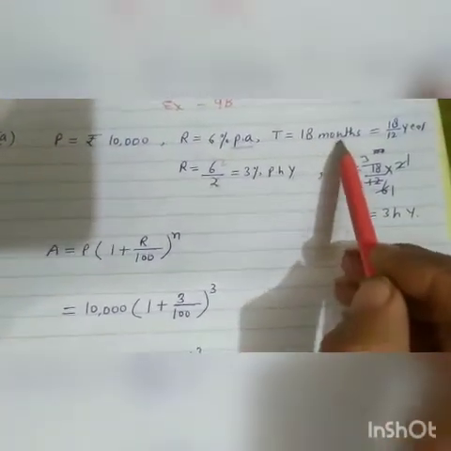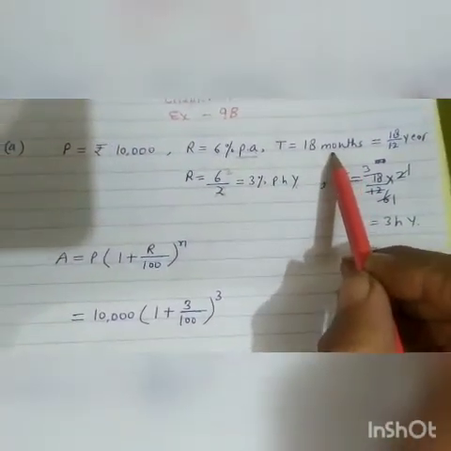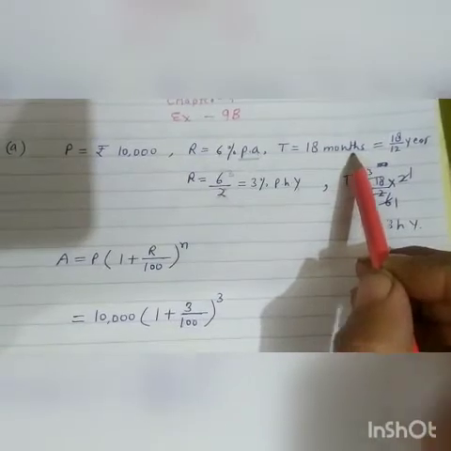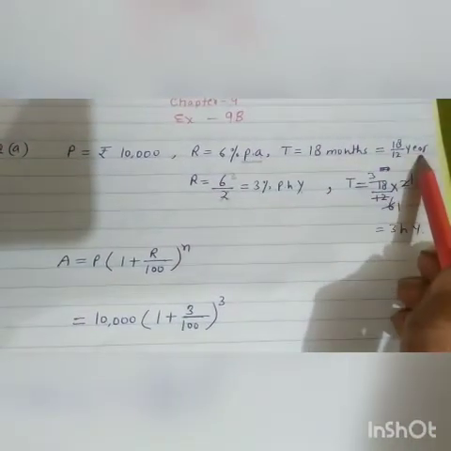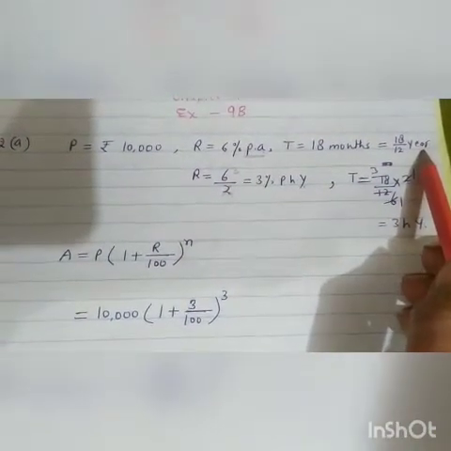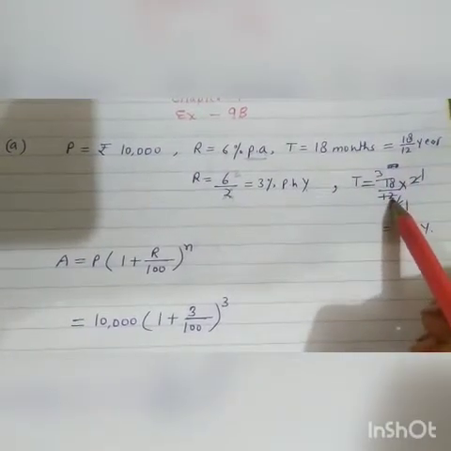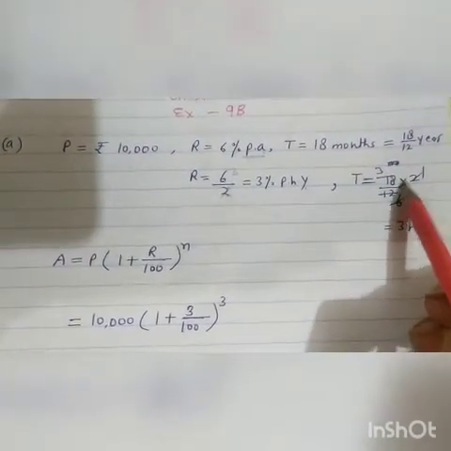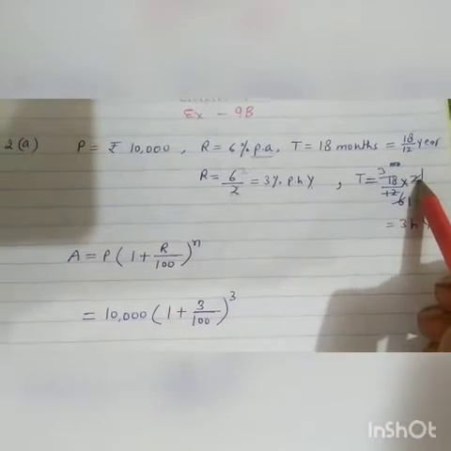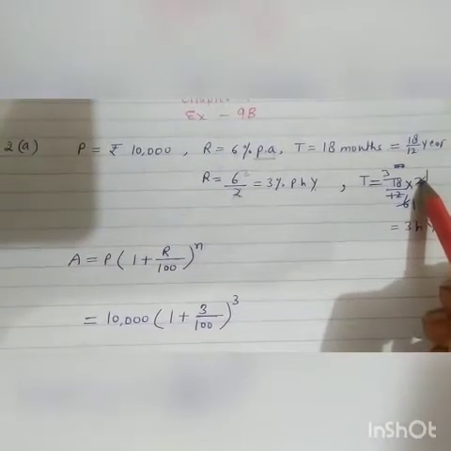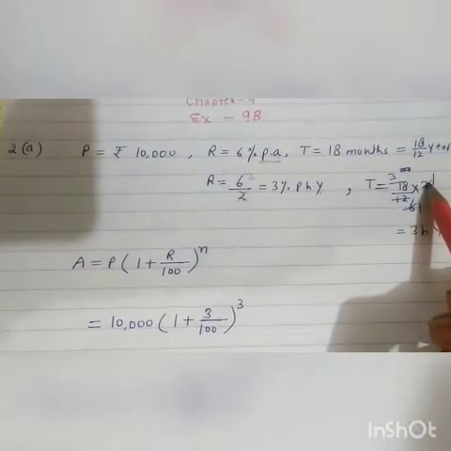And time is given 18 months. If we convert this 18 months into years, it means 18 upon 12 year, because 1 year is equal to 12 months. Now we will multiply this time by 2 because in 1 year there are 2 half yearly periods.